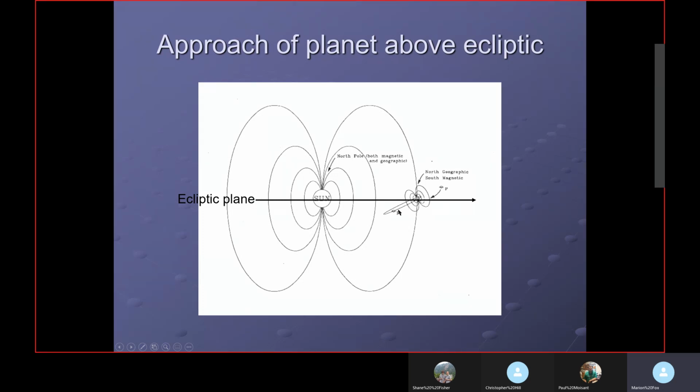So it came down on the first pass, and then it went out less than 1,000,000 miles, and it came back. It took approximately 30 days to go down and back around, and it did this 3 passes, and each time the sun is pulling it up toward the ecliptic plane, by its gravity.